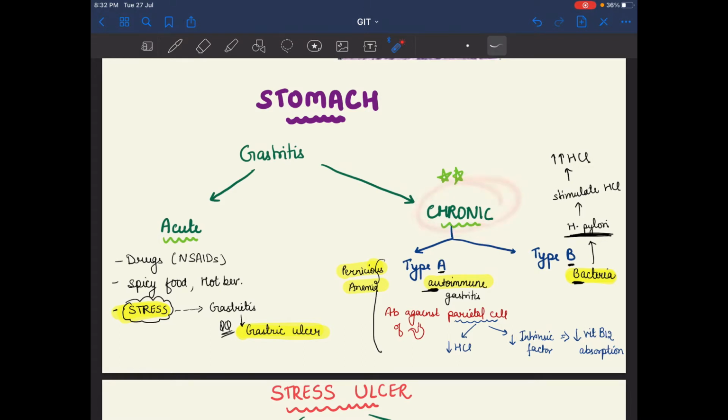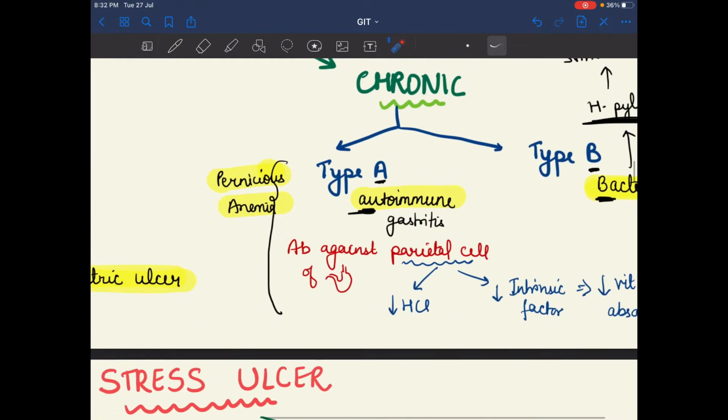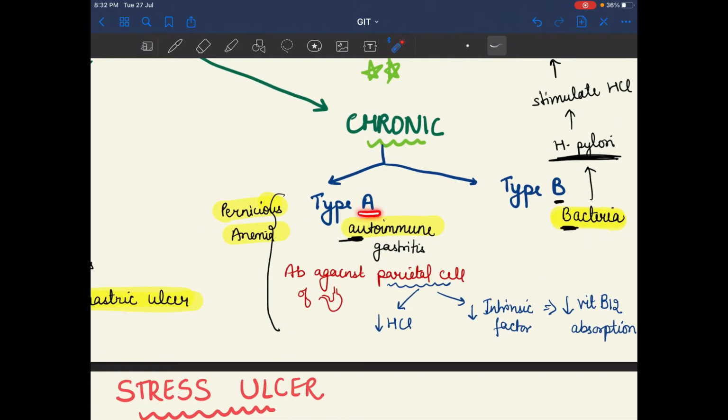And chronic gastritis. Chronic gastritis is of two types, type A gastritis and type B chronic gastritis. A for type A and A for autoimmune gastritis, means type A chronic gastritis is due to autoimmunity, where antibodies are formed against the parietal cells.